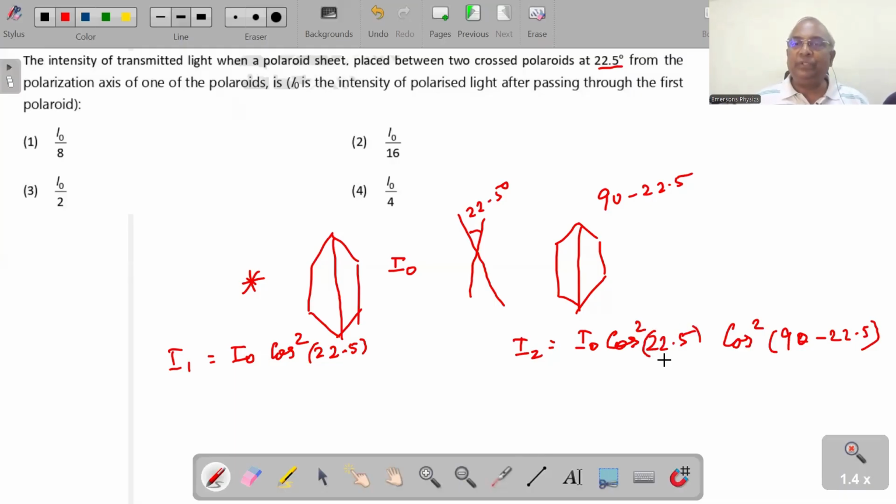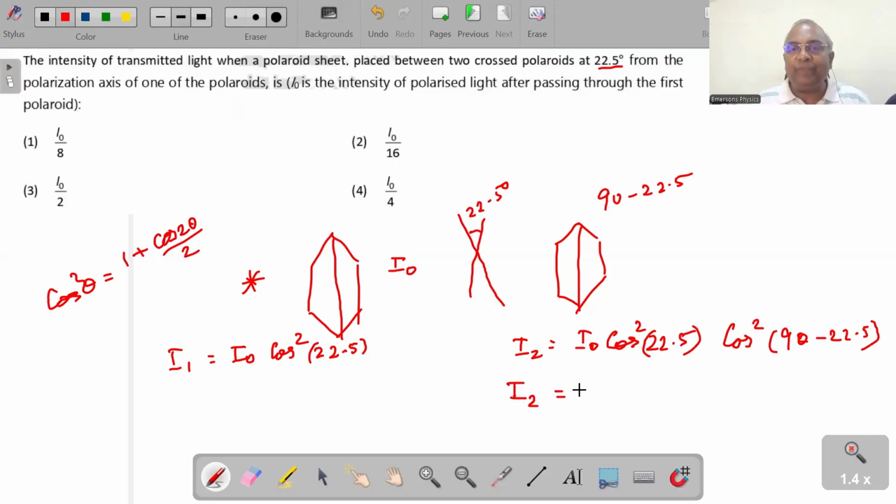Now, we know the trigonometrical formula: cos squared theta equals 1 plus cos 2 theta by 2. Now we'll substitute this value.